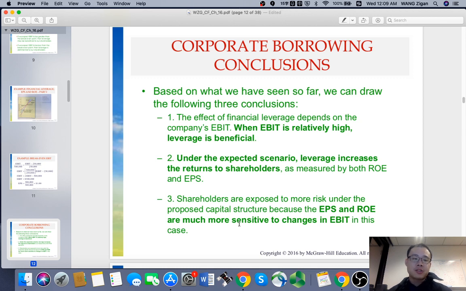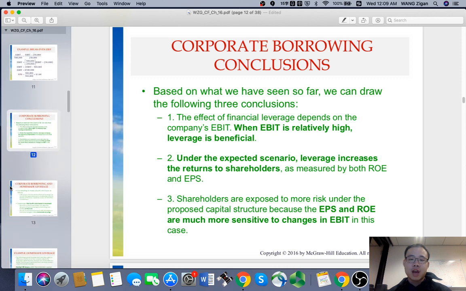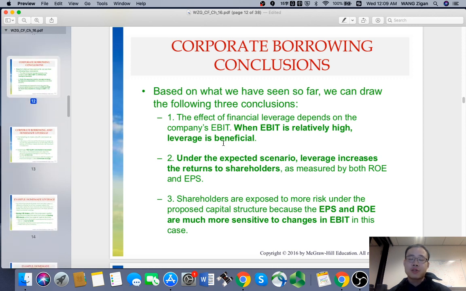So the conclusion is that when EBIT is relatively high, the leverage is beneficial. When your EBIT is low, of course, your leverage is not beneficial. For example, it's just like you borrow money to trade futures. If you ever trade futures, you know they have very high leverage.